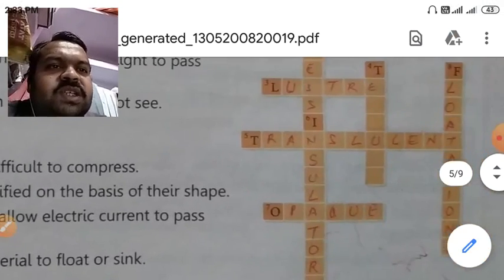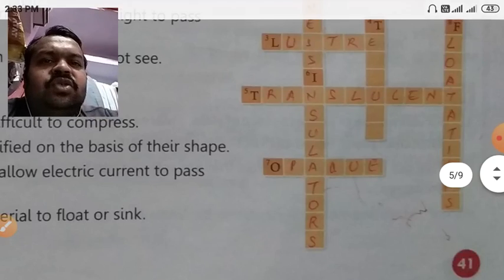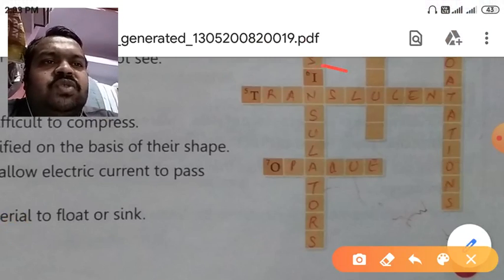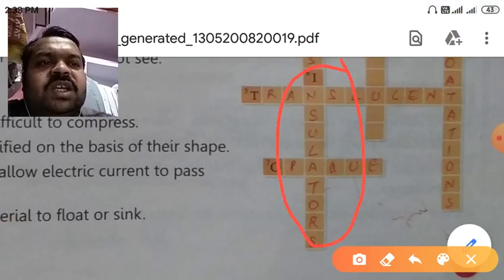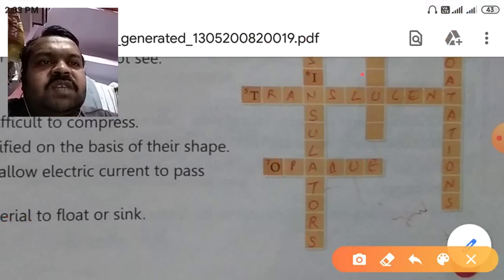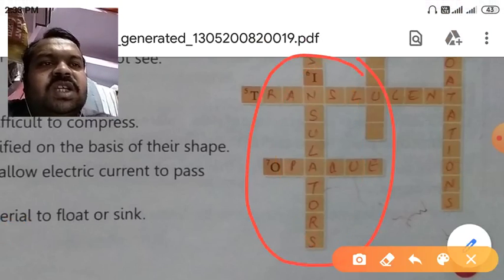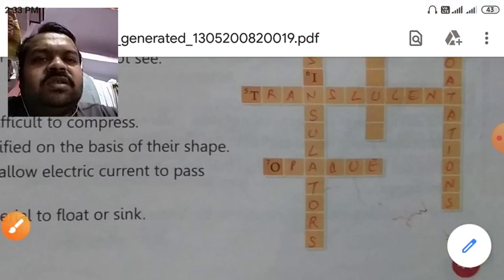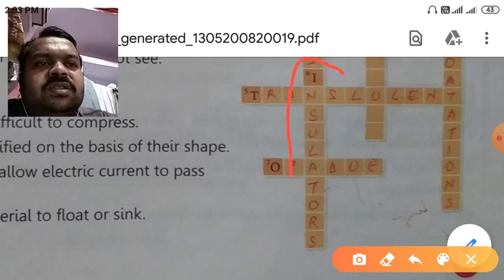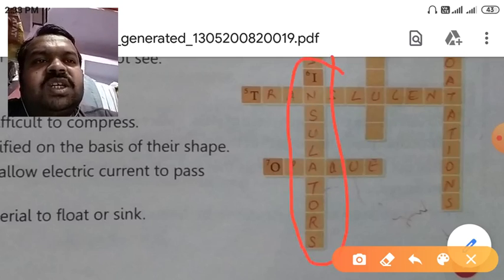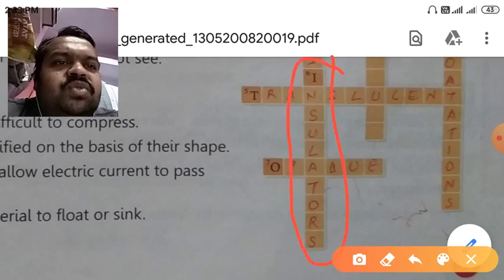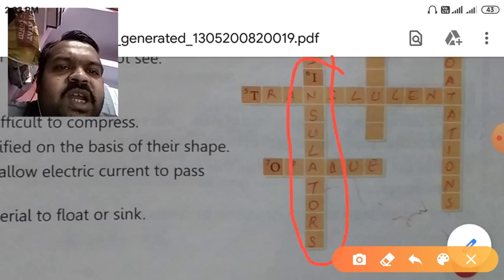Those are known as insulators. Look here, the spelling is given here, INSULATORS.